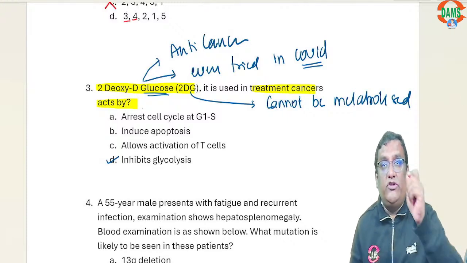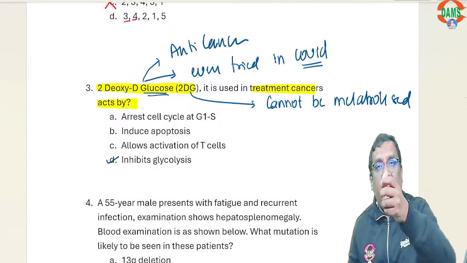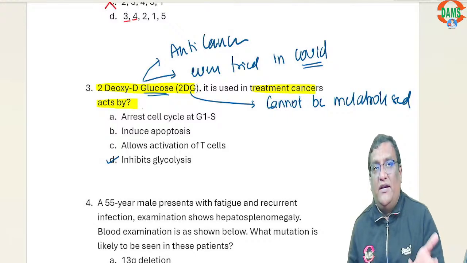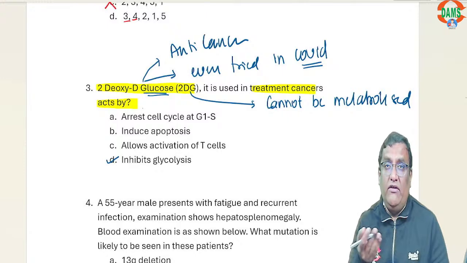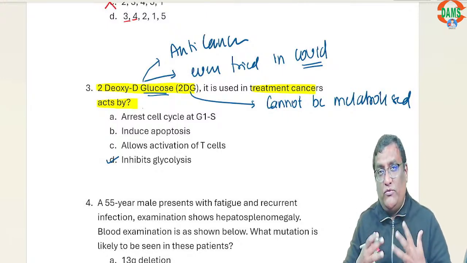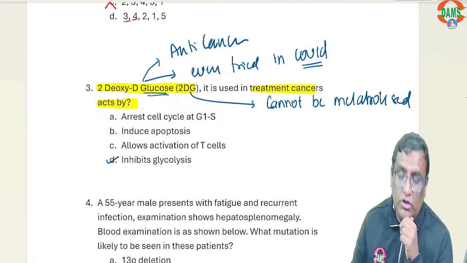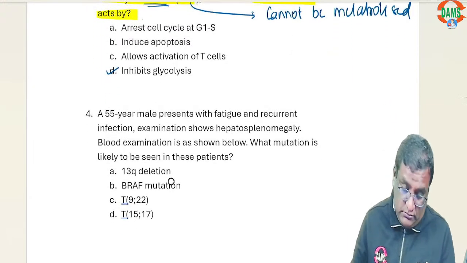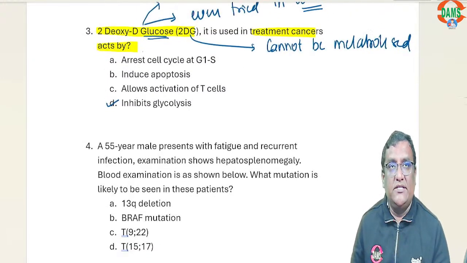Thus, cancer cell, which was dependent heavily only on glycolysis for its ATP, that is not going to be happening, and that is why you'll end up having a death. So same thing even in COVID also. Why in COVID? Because Warburg effect will happen in cells infected by the virus as well, because viral DNA has to replicate, and for that replication you need to undergo again Warburg effect. Any replicating cells can be showing Warburg effect, right? Yes, so that is a mechanism.